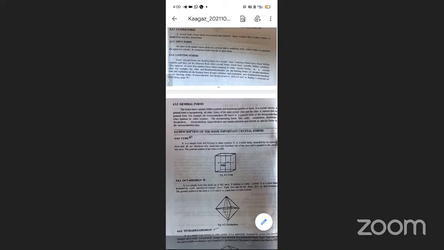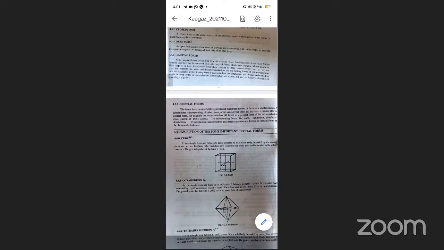In the isometric system, all three crystallographic axes are equal in length and make an angle of 90 degrees with each other. In the tetragonal system, two of the three crystallographic axes are equal in length, but the third one is different, while the angle is the same, 90 degrees.